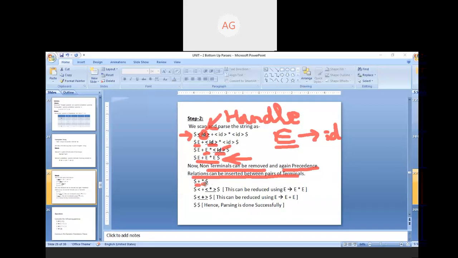So now we know that plus is having greater precedence than dollar, and into is always having greater precedence than plus, and also into is having greater precedence than dollar. So now here we get that into is in between the left braces and the right braces.